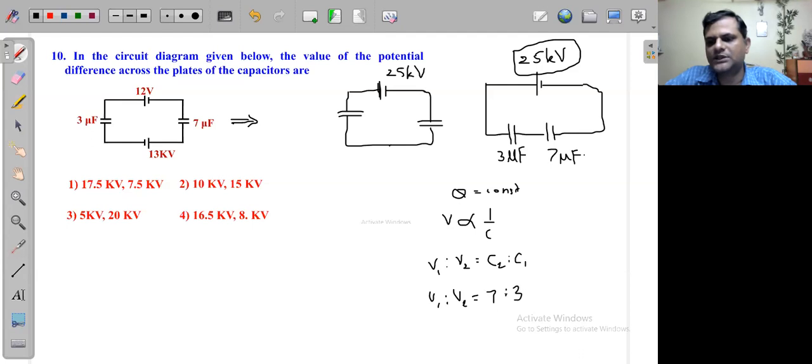So 7 is to 3 is ratio में हमको इसको बांटना है. But the total potential is 25. So 25 kilovolt has to be divided in two parts whose ratio is going to be 7 is to 3, which can be done easily. The first part will be actually 7 by 10 times of 25. And the second part can be like 3 by 10 into 25 again.